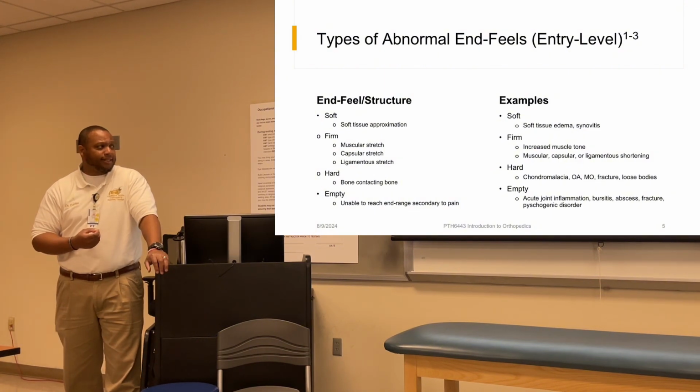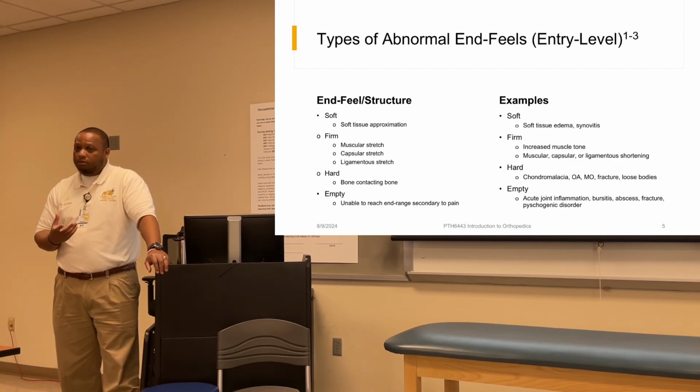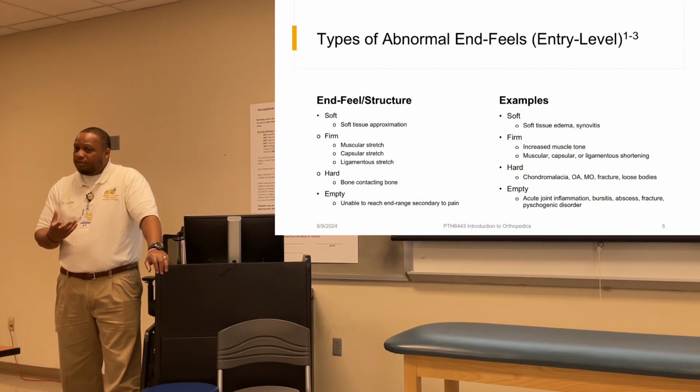If someone has MO, myositis ossificans, have you ever heard of that? So a person has injury to the muscle, some type of bruise to the muscle, where they don't receive interventions that they should, and they let the condition become chronic without appropriate intervention.